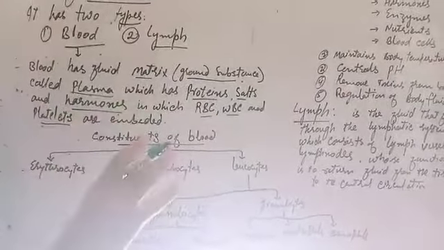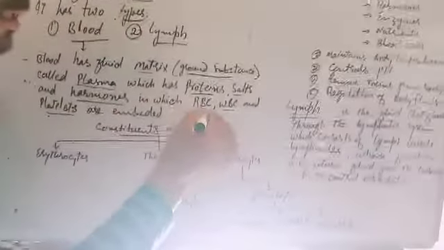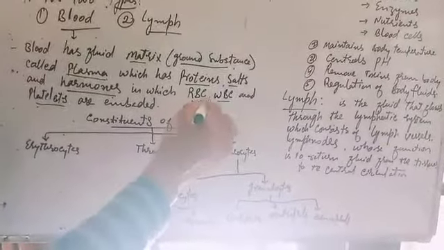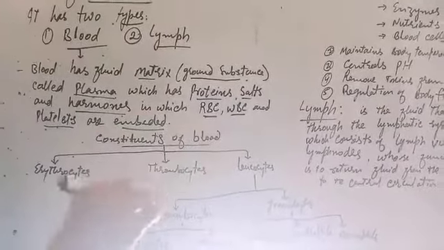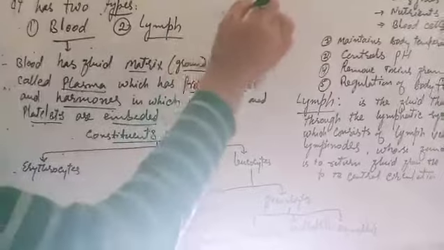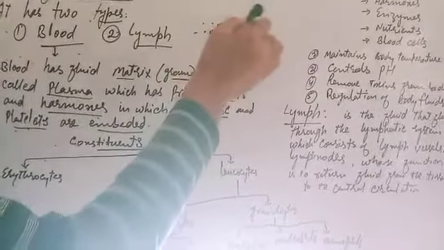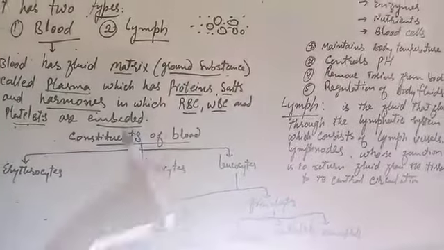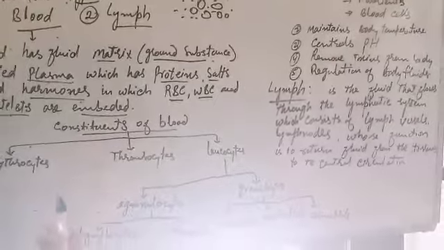Also present are RBCs, red blood cells, WBCs, white blood cells, and platelets. These are the cells embedded in the plasma. For example, this is the plasma, the watery substance in which the blood cells are present.